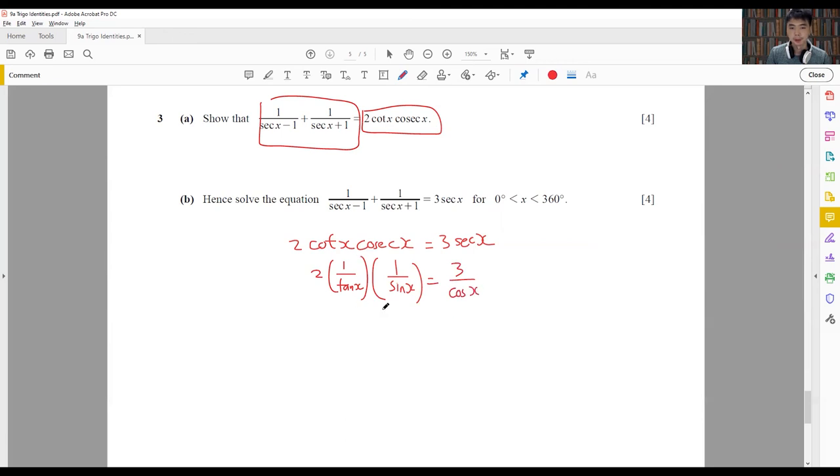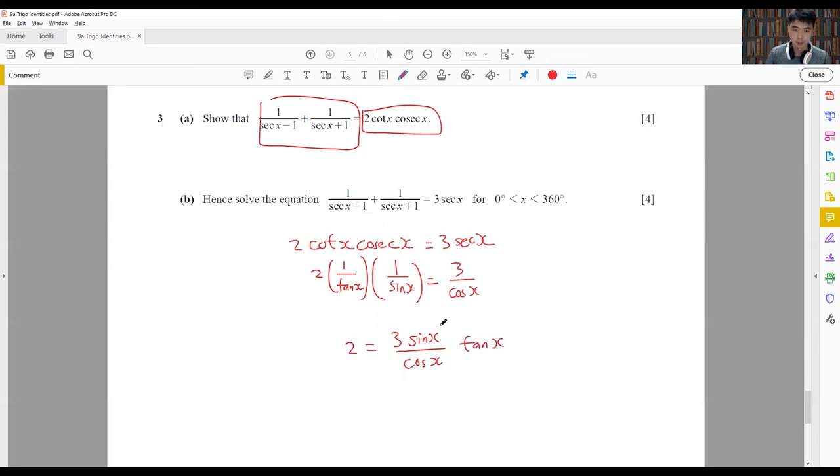What we can do right now is shift the sine up and then shift the tangent up. So 2 equals 3 sine x over cos x times tangent x.